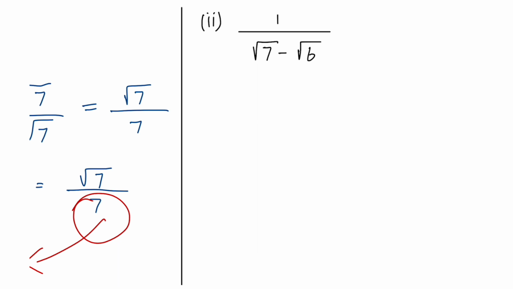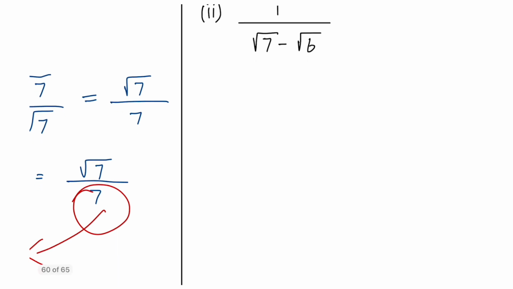That is the same thing that we are going to do here, but since we have two numbers, we have another special identity that can be used, which is a plus b into a minus b equal to a squared minus b squared.